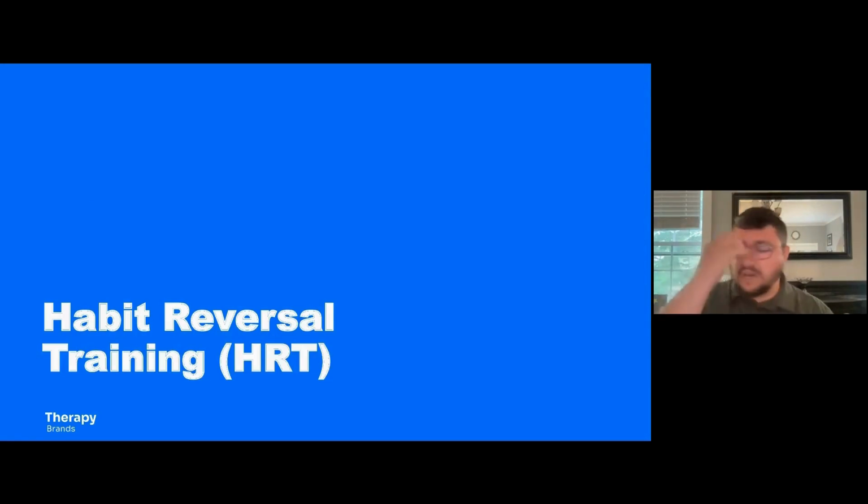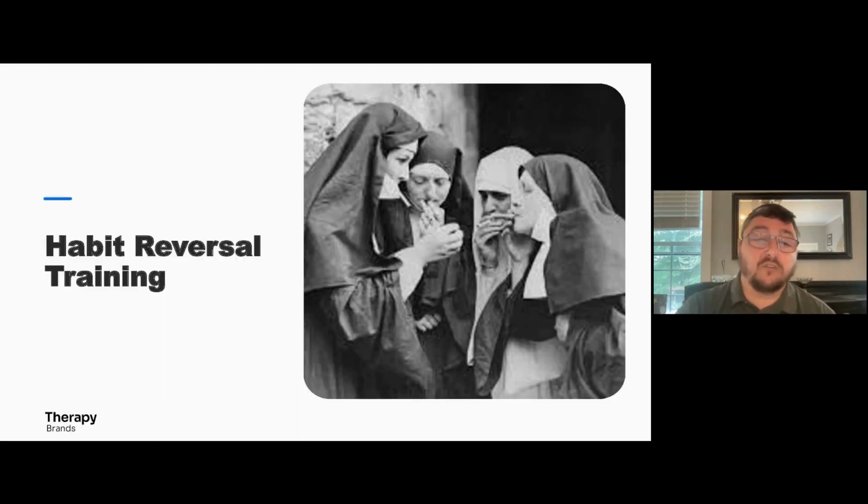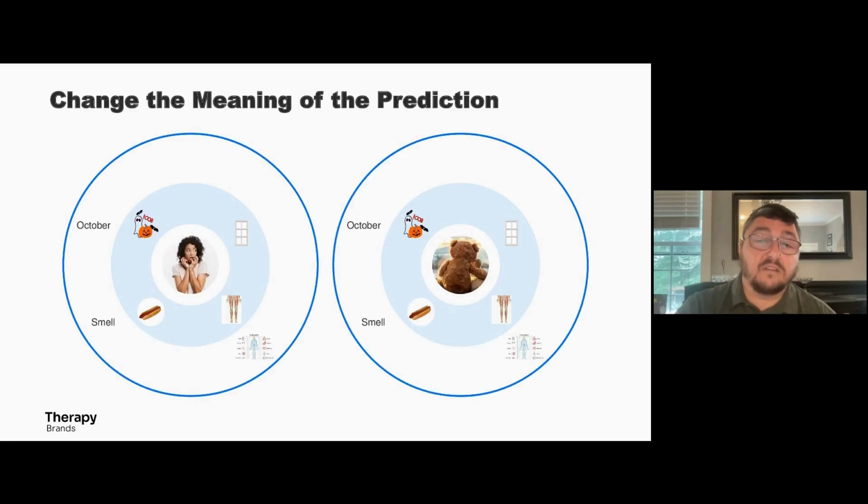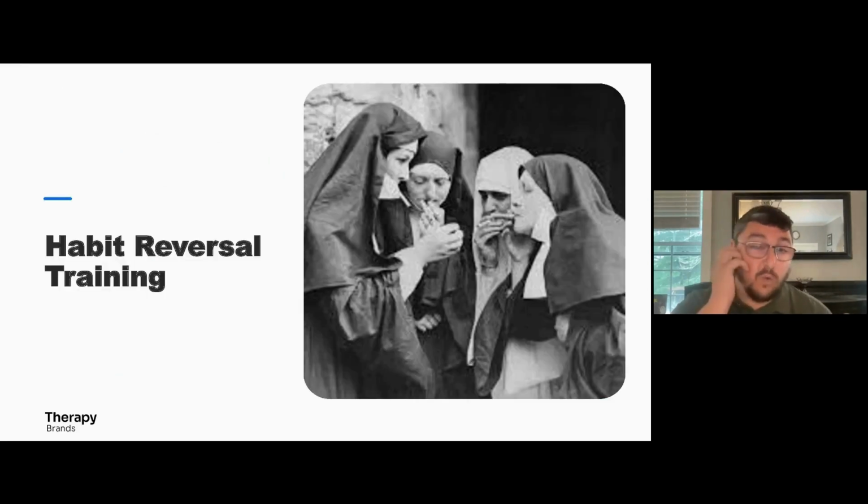So I'll give you an example, and I'll also talk about habit reversal training. So again, we talk about meaning. The first part of habit reversal training is awareness training.